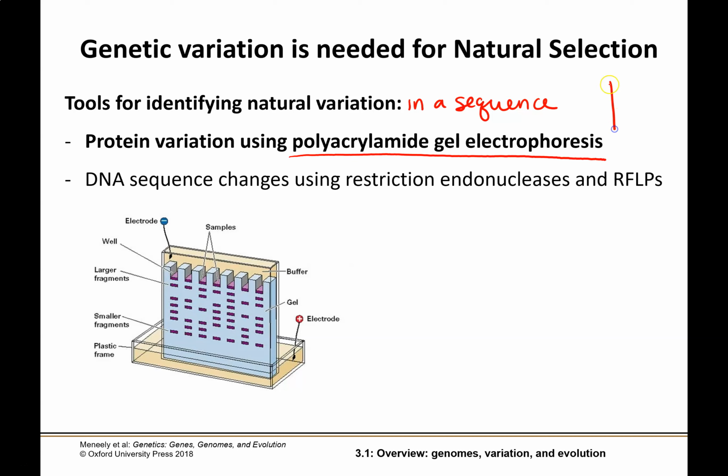Remember that in electrophoresis, you have electrodes that are positively and negatively charged, and when you load the DNA, the negatively charged DNA is going to run towards the positive electrode and spread out. The same idea applies to proteins. Proteins are also charged, and so you can run them on a gel in a similar fashion.